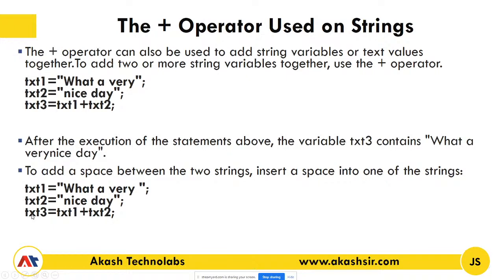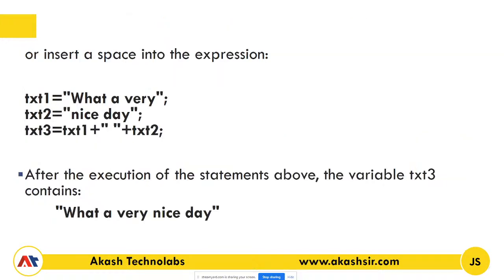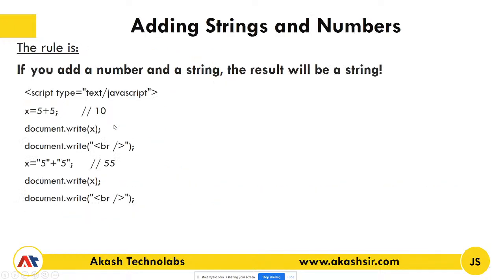So if you print txt3, it will display what a very nice day. Okay. So let's say this will be the output, but if you want to add some spaces over here, you can specify double quotes and add some spaces.